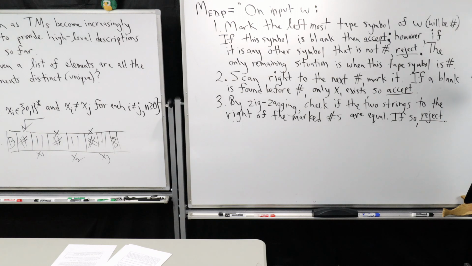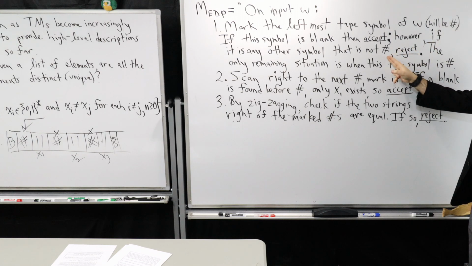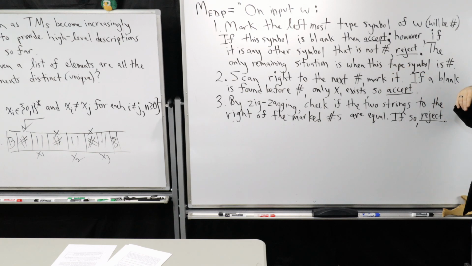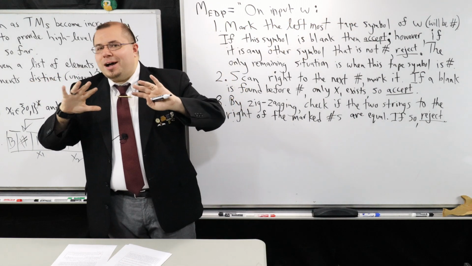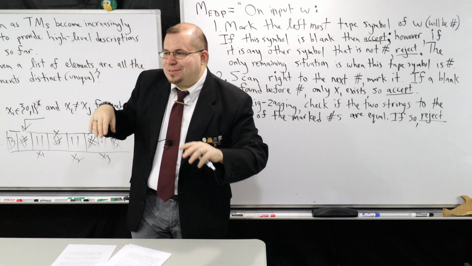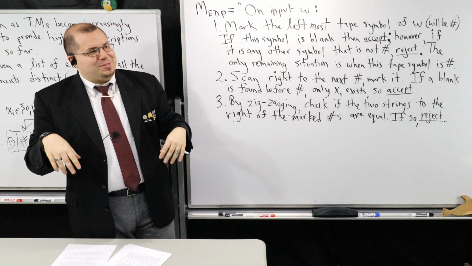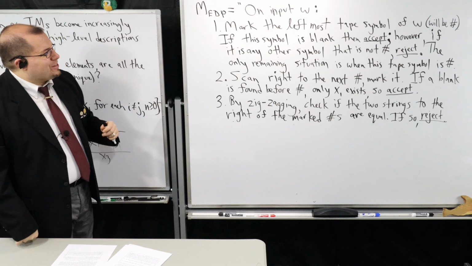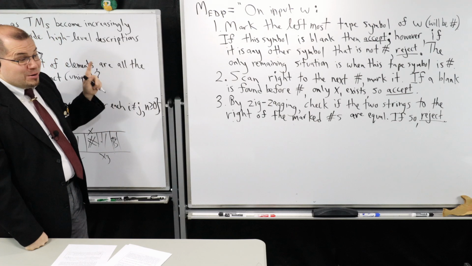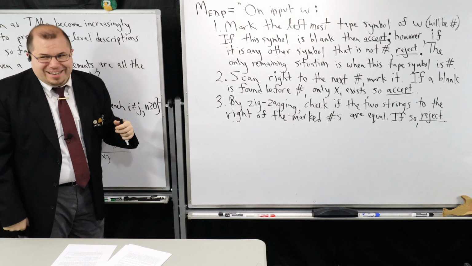However, if the first symbol that you run into is not one of those number signs or pound signs, you better reject, because that does not make any sense, right? Remember, you could imagine W being given to you and it's just something else, like "kitty cat", which would be kitty cat in binary probably.